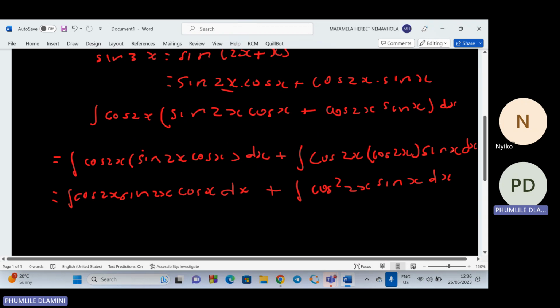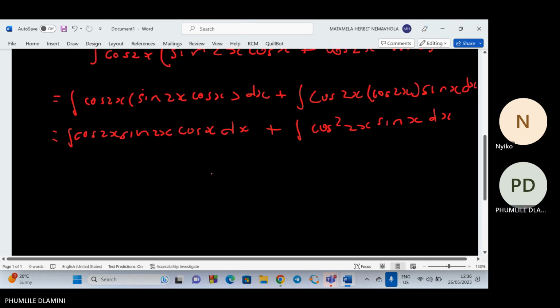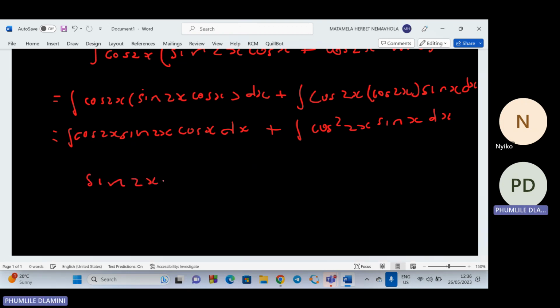If we check this integral, we have things in common. We know that sine 2x equals 2 sine x cos x, which means 1/2 sine 2x is equal to sine x cos x. I just divided this equation by 2.